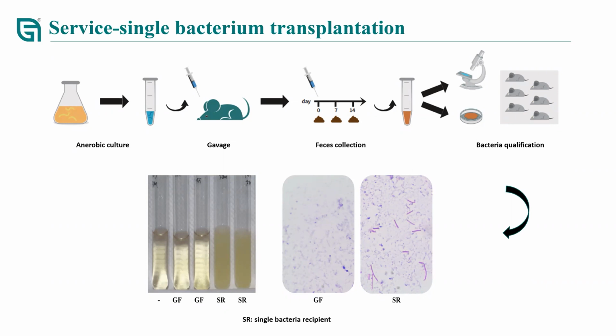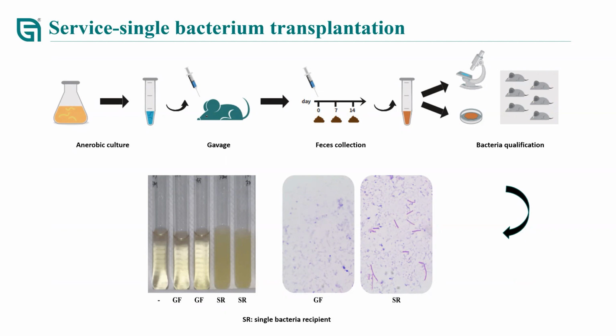What we should note here is that the frequency of single bacterial transplantation really depends on the properties of the colonized strain, like whether the strain is acid resistant or bile salt tolerant, and whether it is easy to culture or colonize. What you can see here is the bacteria that we colonized and the verification of the bacteria.